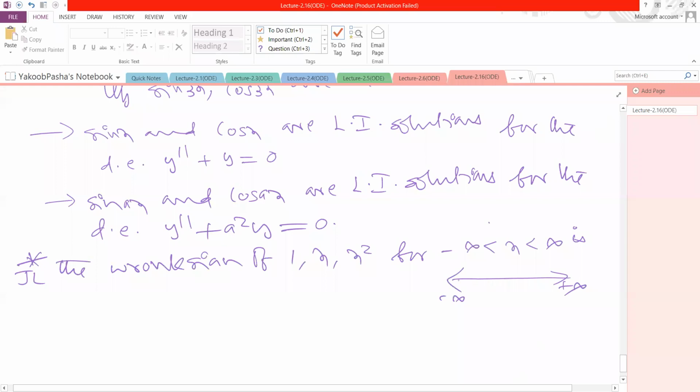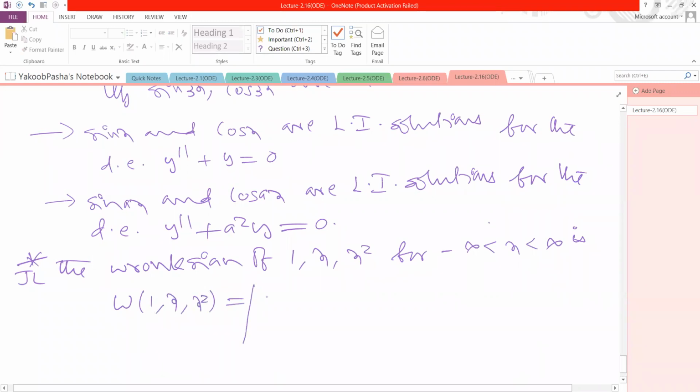It may be a positive number, it may be a negative number also. In this interval, we need to find the Wronskian of 1, x, x square.